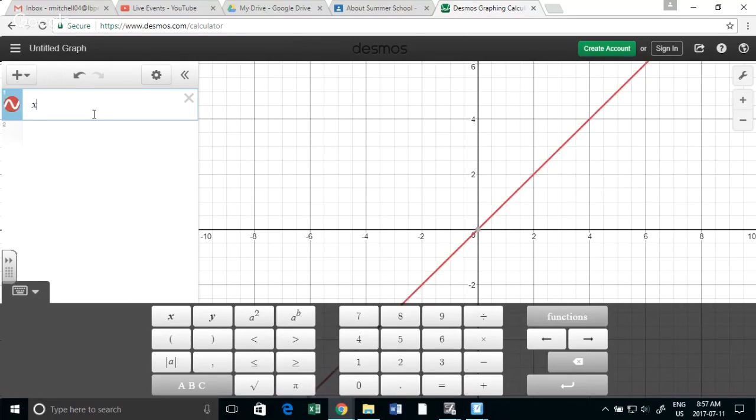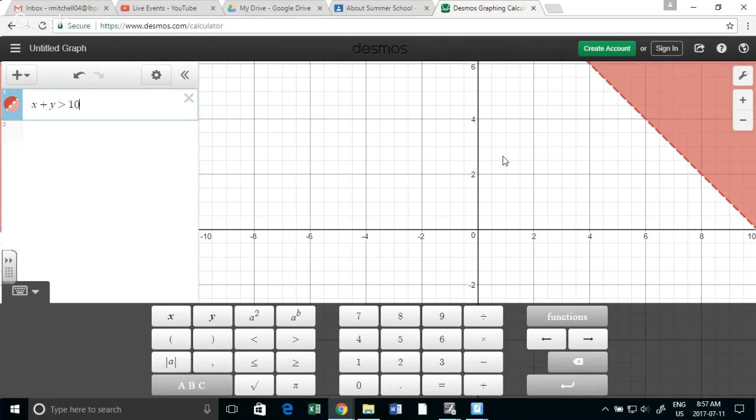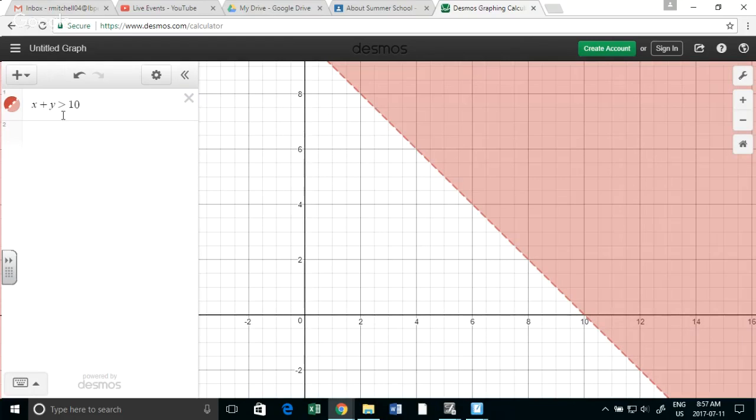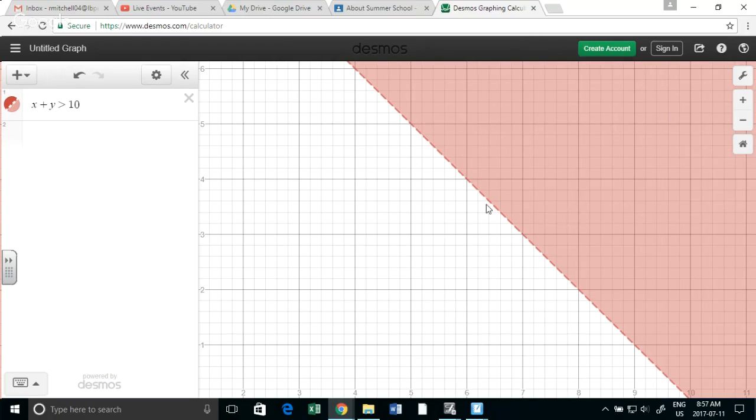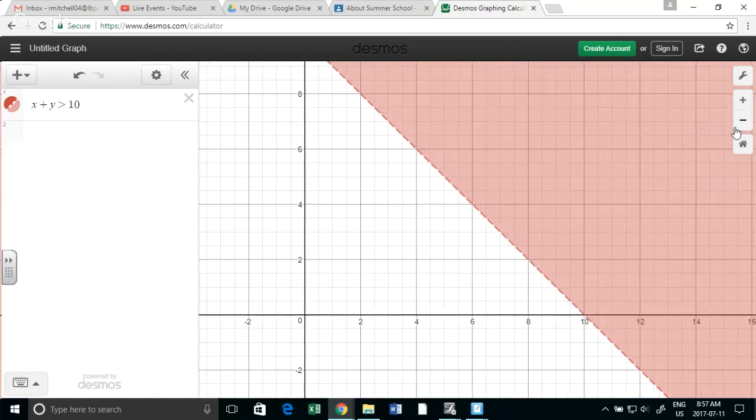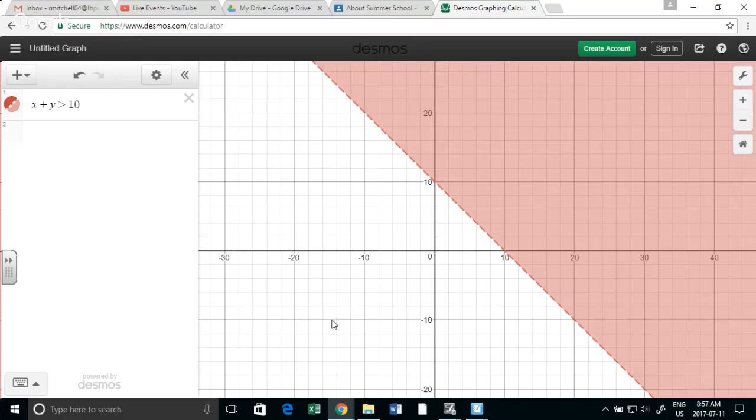So if I have x plus y is greater than 10, notice how here it's just a greater than, there's no equal to. So when it's represented, the line itself that's separating our plane is represented by a dotted line. And notice how half of it is shaded. So half of it being shaded means all the points that are in this shaded region will give us good solutions.